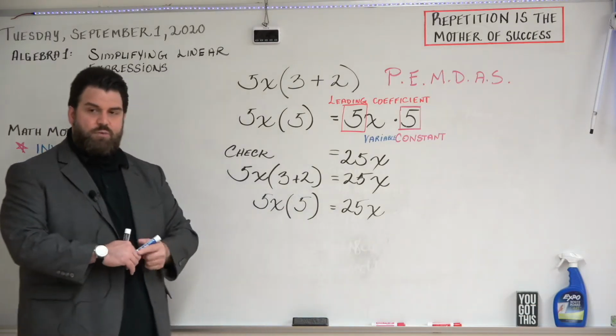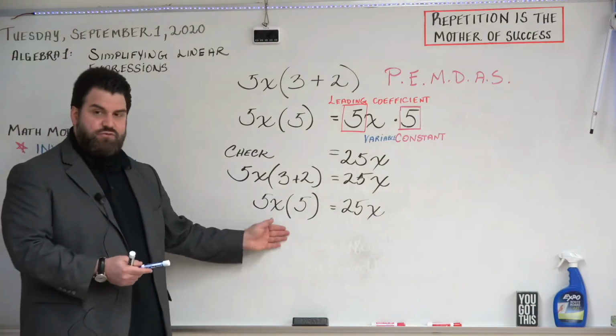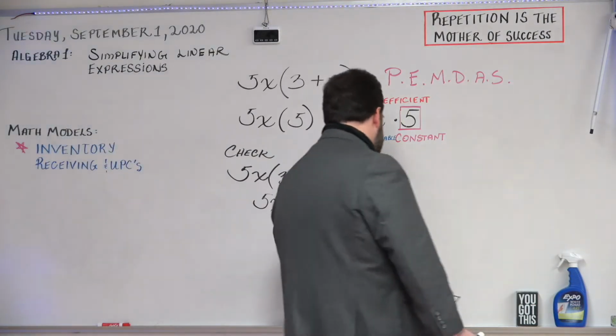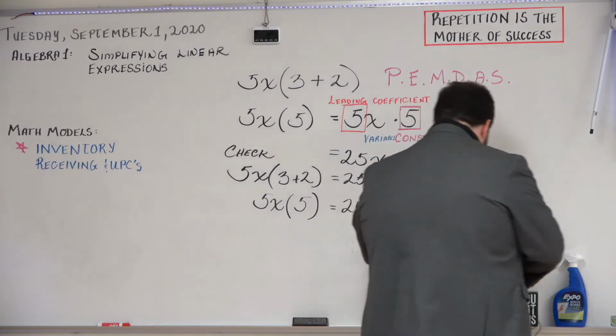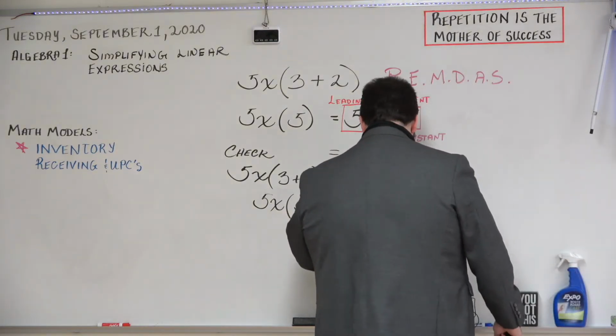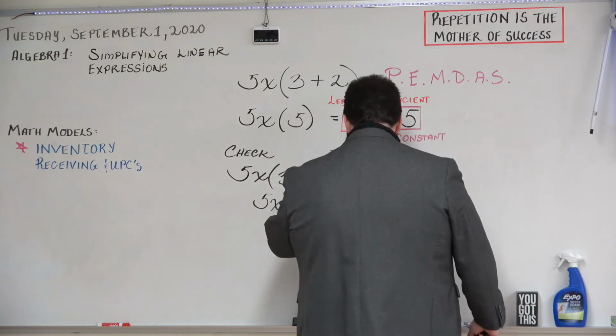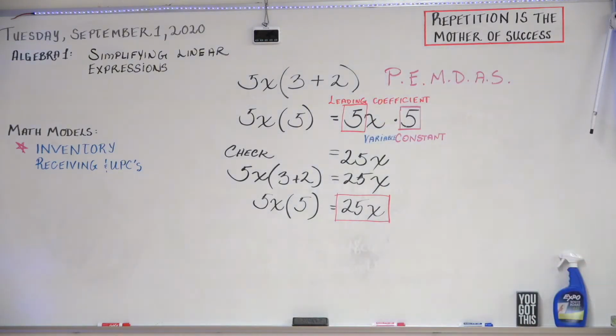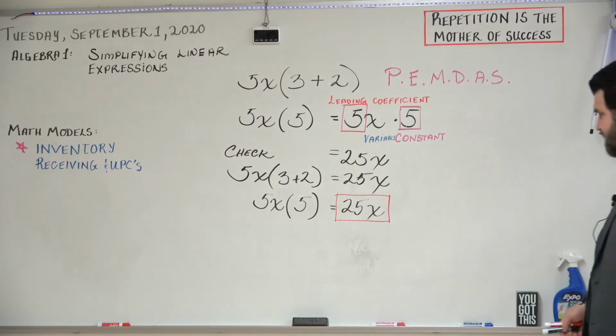As long as that equivalence stays, then you've done correct work, and you've justified your solution. And only at that point can you put around 25x what one of my former students calls the red box of correctness. Please, just put your box around your final answer.